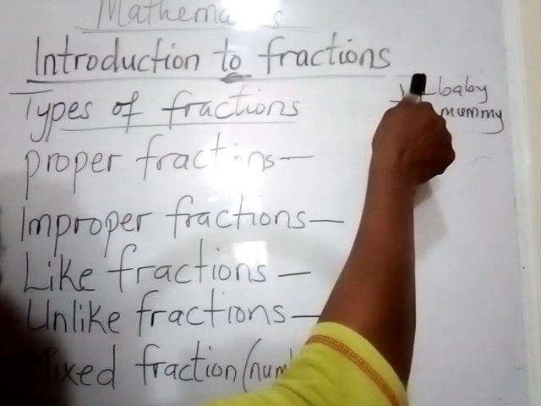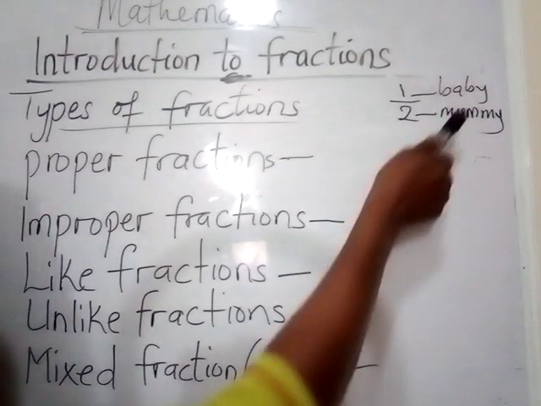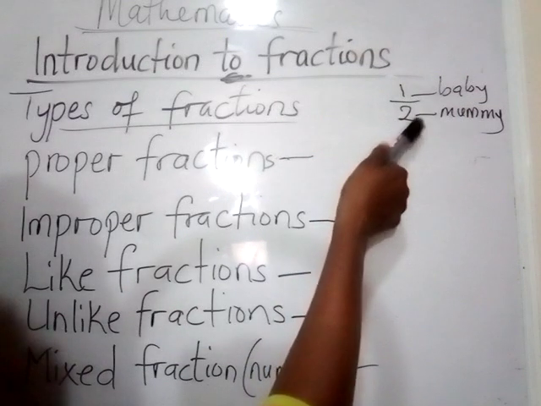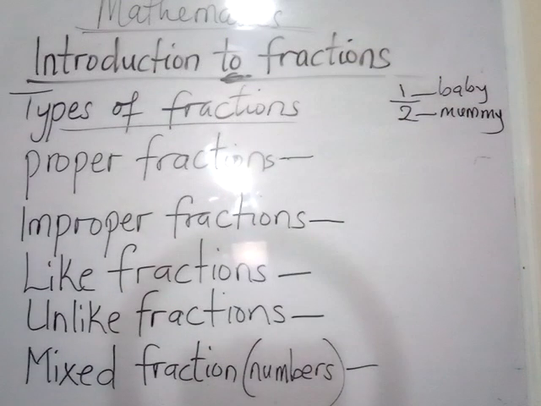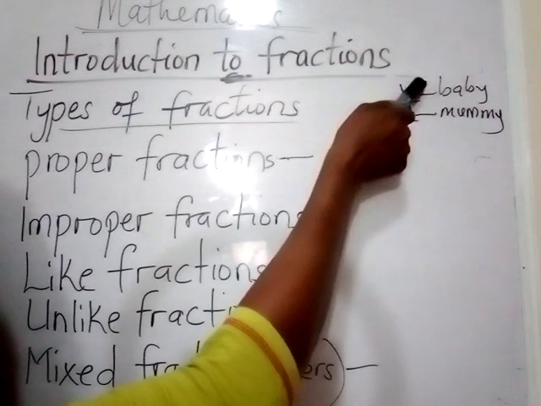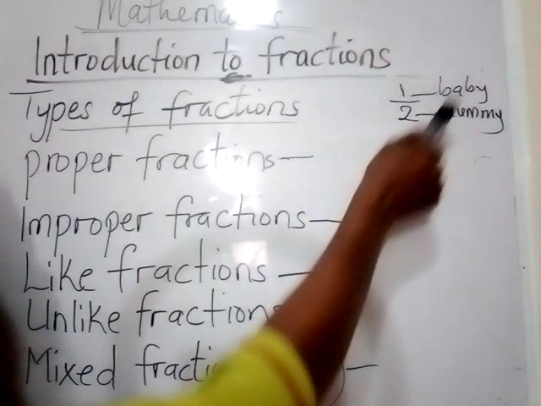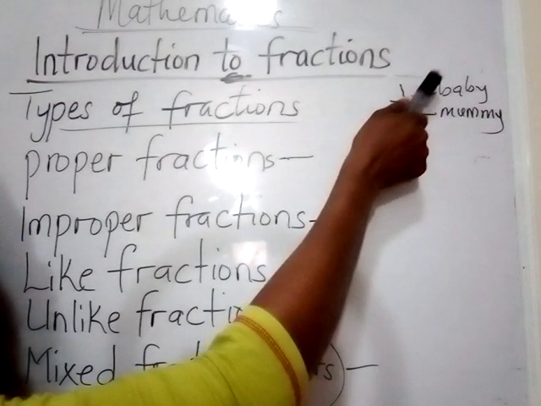So now, baby normally is carried by mommy. So this is what I tell my students. When mommy is carrying the baby on top, it is what? Proper. It is right. It is okay. Because mommy, the denominator, is actually supposed to carry the baby, the numerator. Mommy should be bigger than baby. Mommy should be heavier than baby.